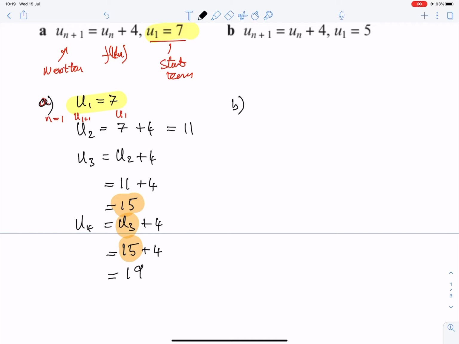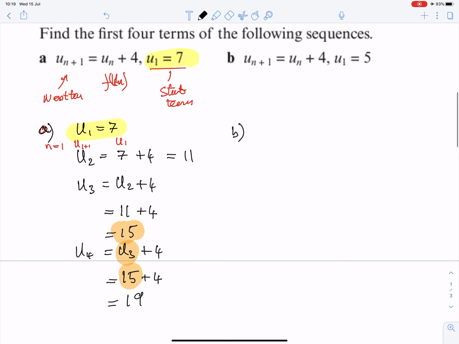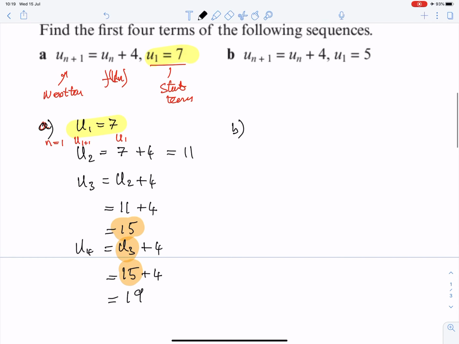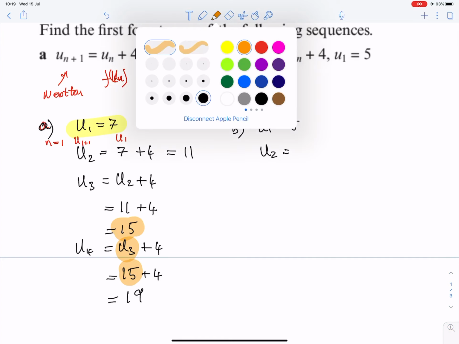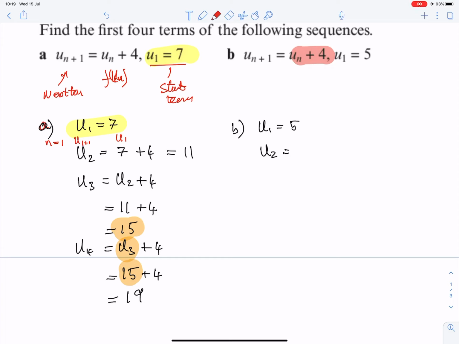Part B then. This time U1 equals 5. Yeah, we've got a different starting term. So U2, what's the function? Well, it's the same actual function, isn't it, this time? The function is add 4.